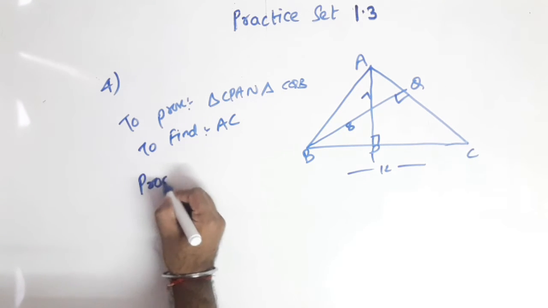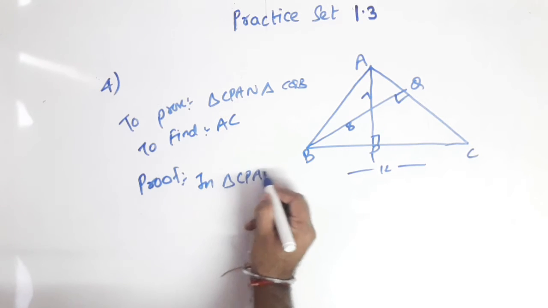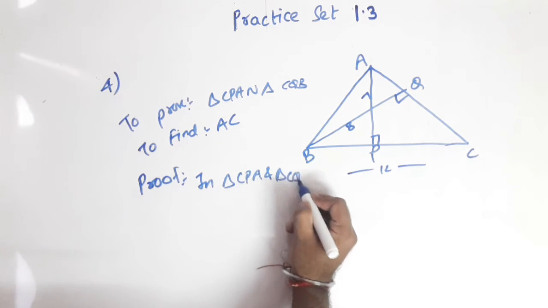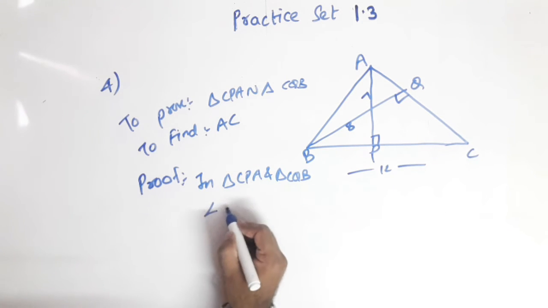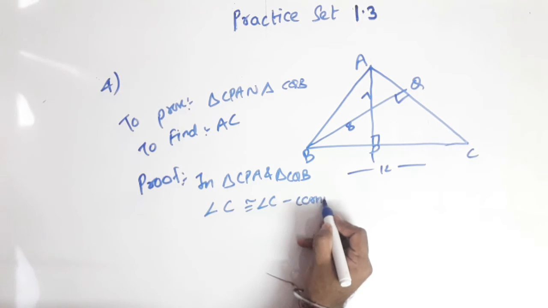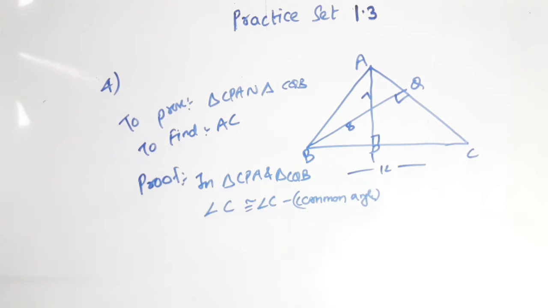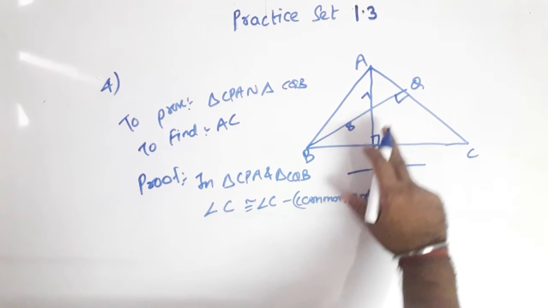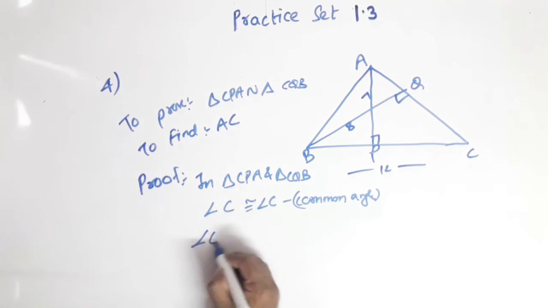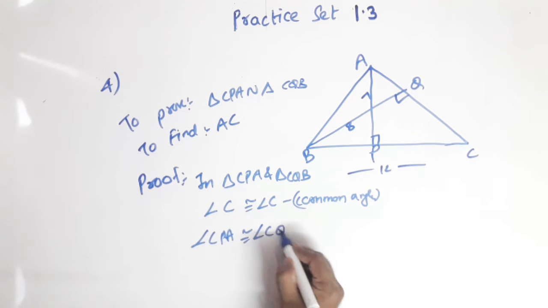Okay, so I'll write in triangle CPA and triangle CQB, angle C is congruent to angle C, common. Okay, this is common angle. Then you can see one angle is 90 degree. Angle CPA is congruent to angle CQB.